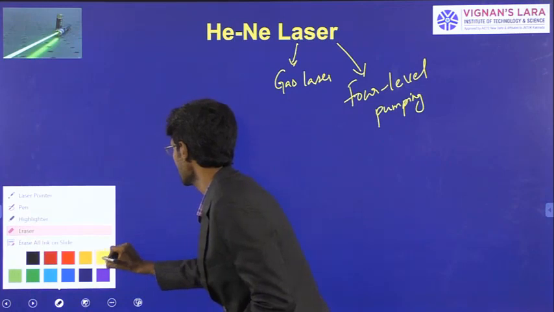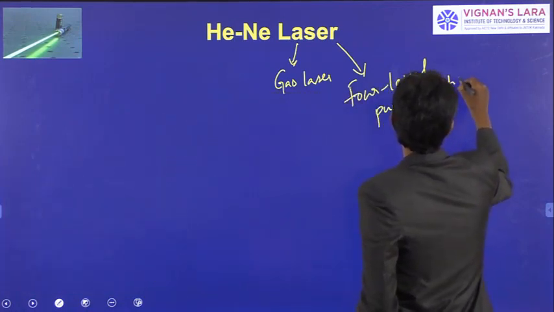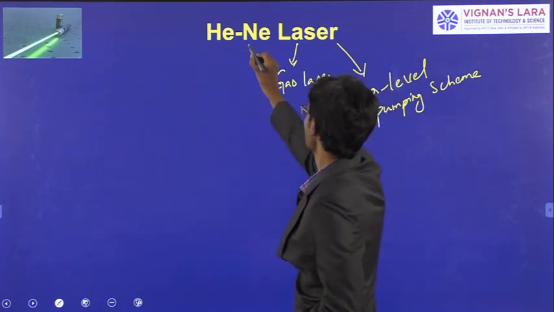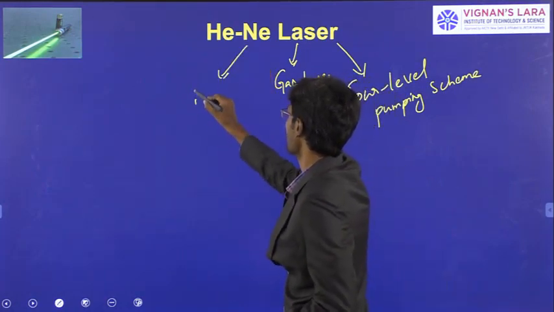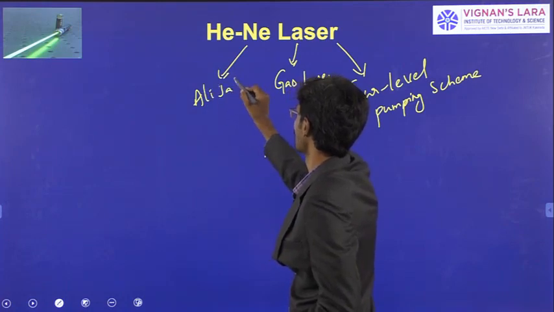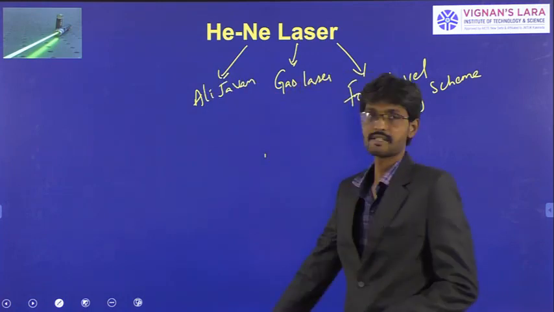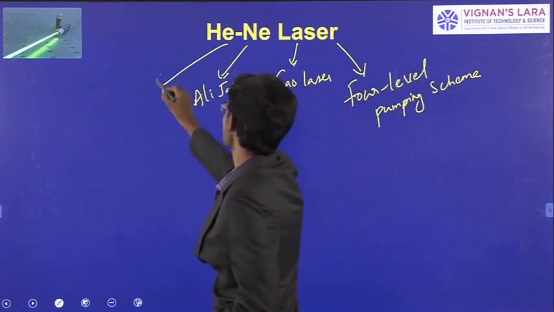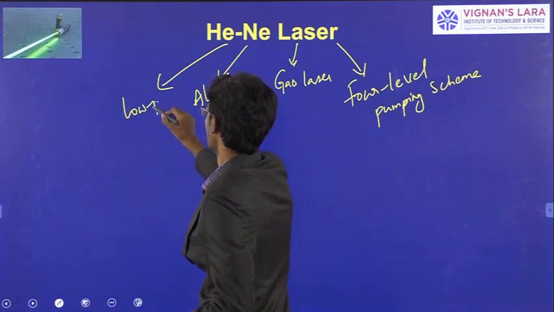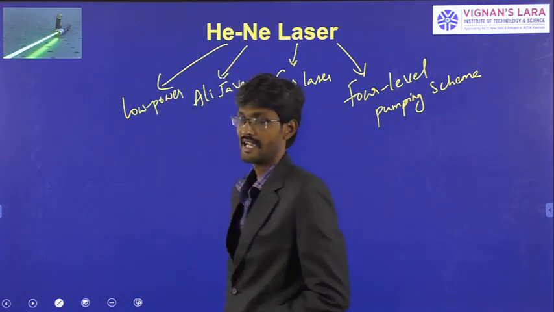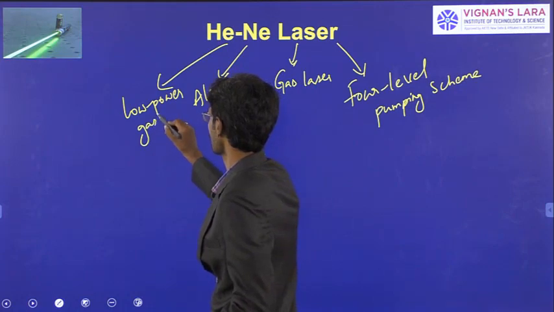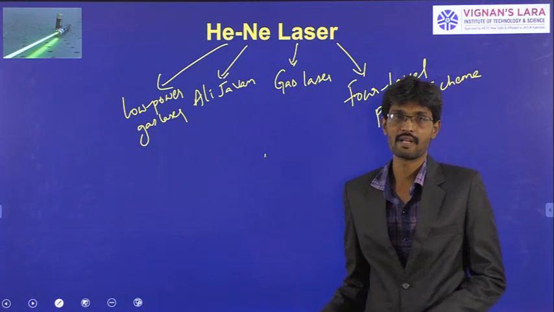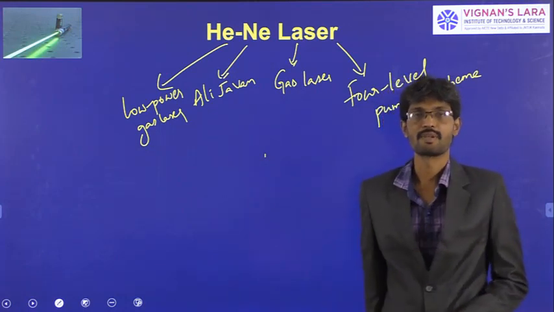The helium neon laser falls under the 4-level pumping scheme. This helium neon laser was designed by Ali Javan and his co-members. It is a low power gas laser, and as it is a low power laser, it can be used in commercial applications.